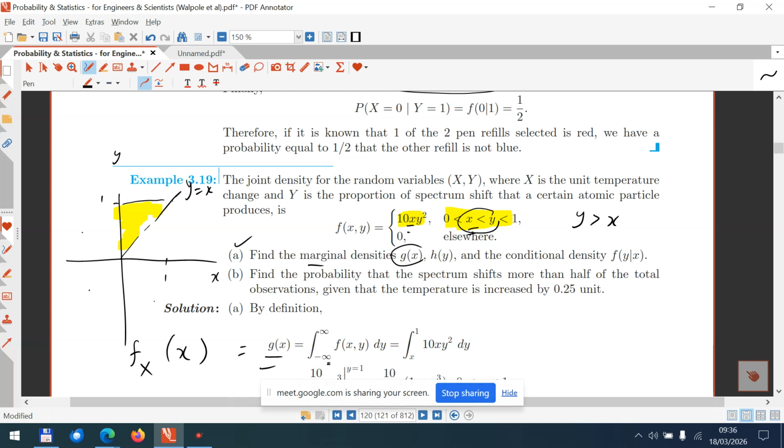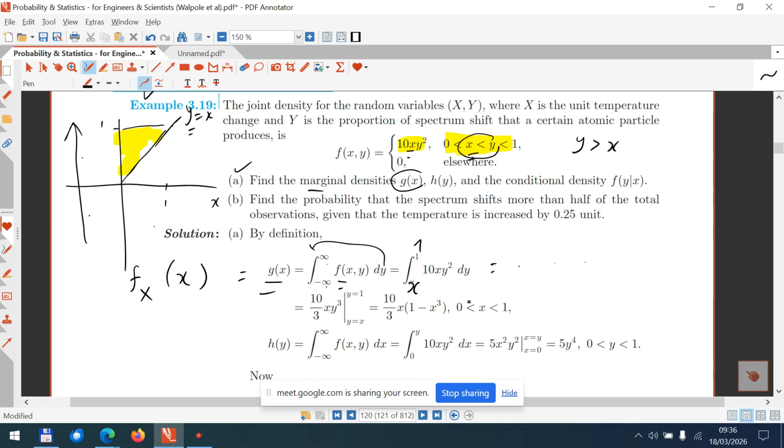So you have to integrate over all possible values of y, and because of this region you have to go in the vertical direction. So the lower limit is y equal to x, and the upper limit is y equal to 1. And this you have to complete, and when you complete this integration, you get your final answer.